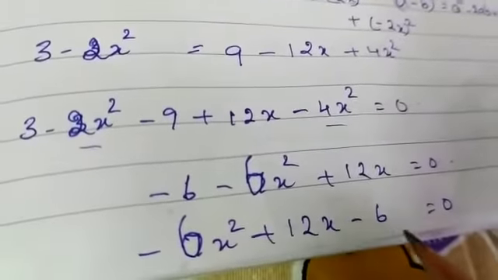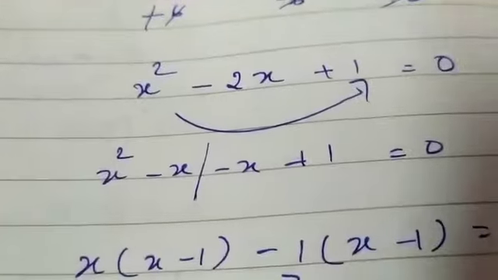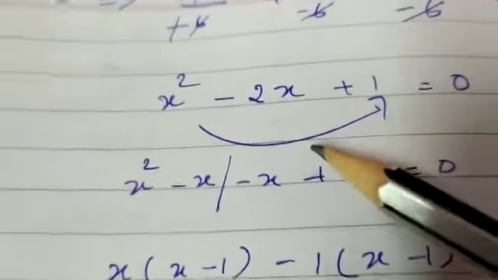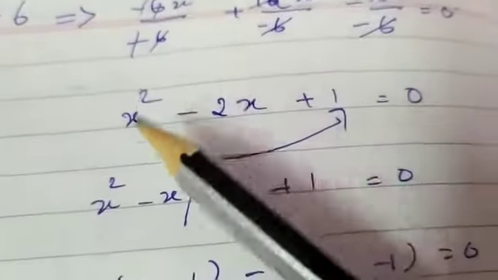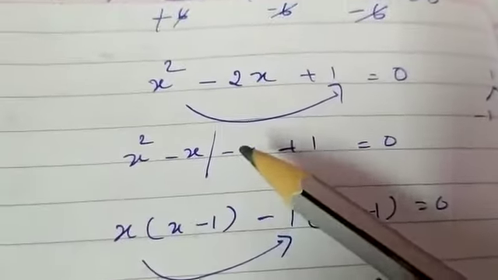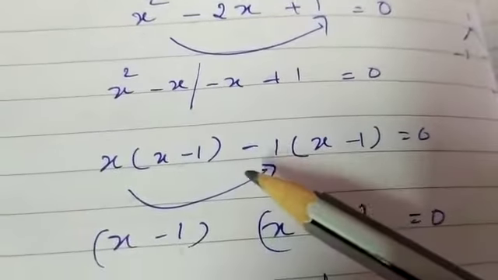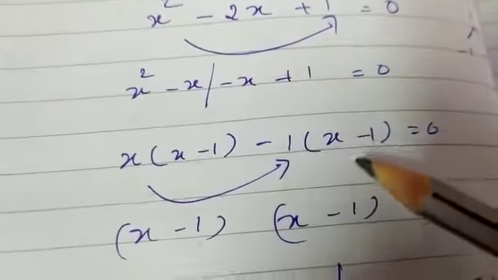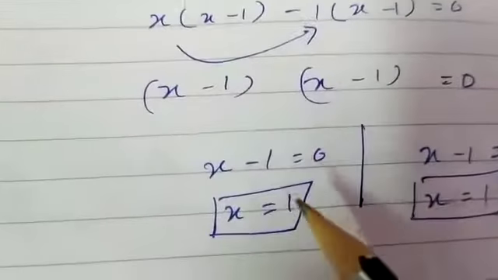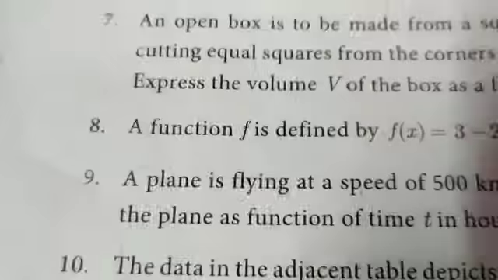When I divide it by minus 6, I will get this equation, x square minus 2x plus 1 equal to 0. And when I factorize it, I will get x into x minus 1 minus 1 into x minus 1 equal to 0. So x values will be 1 and 1.